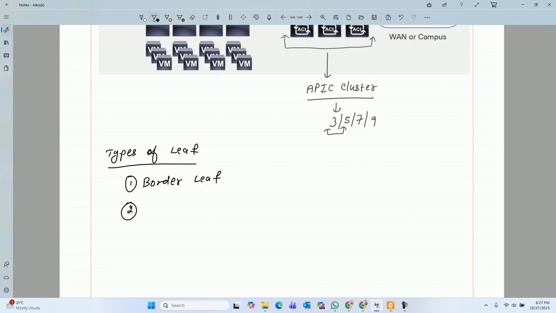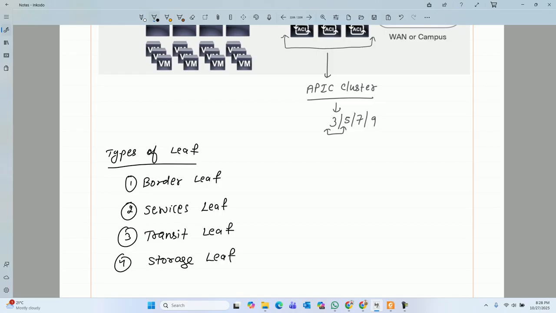So we have border leaf, then we have service leaf. Let's say you have connected a firewall or a load balancer. Those appliances are known as service appliances. So if it is connected to the leaf, that switch will be known as service leaf. Then you have transit leaf, and we also have storage leaf.